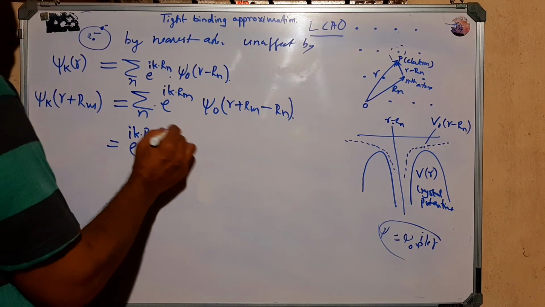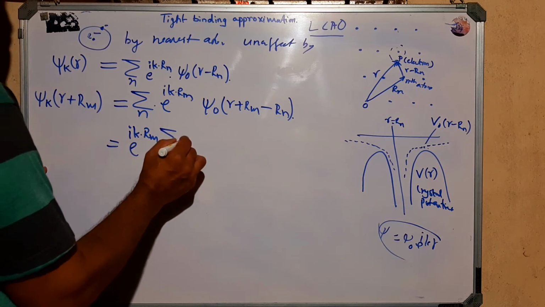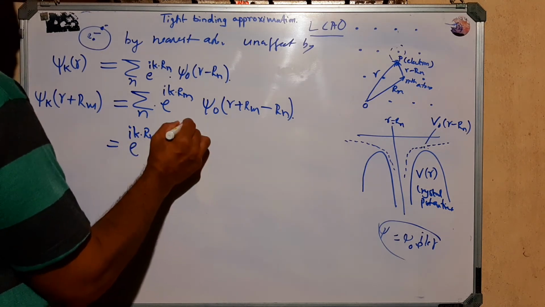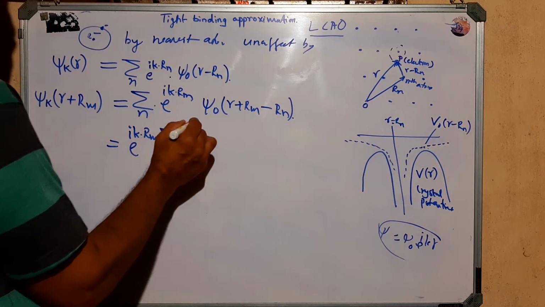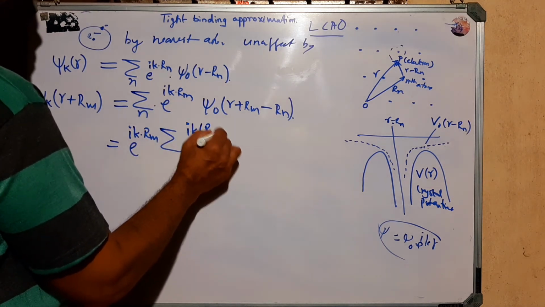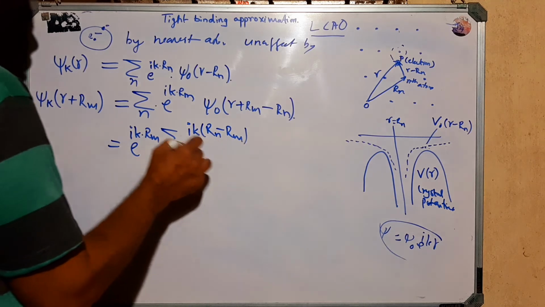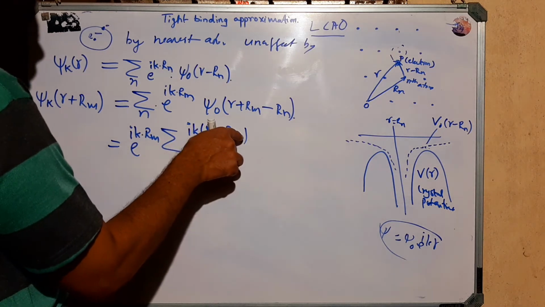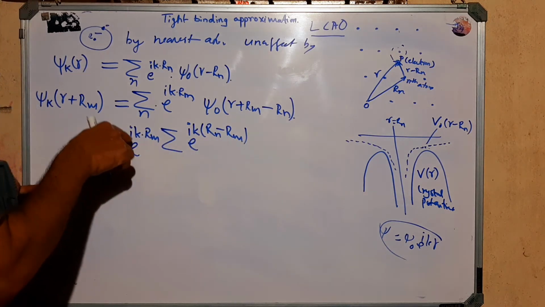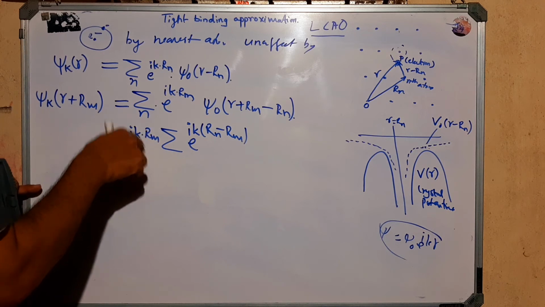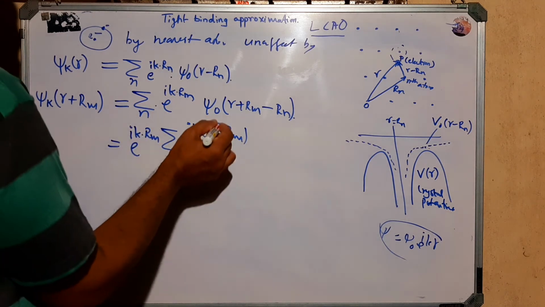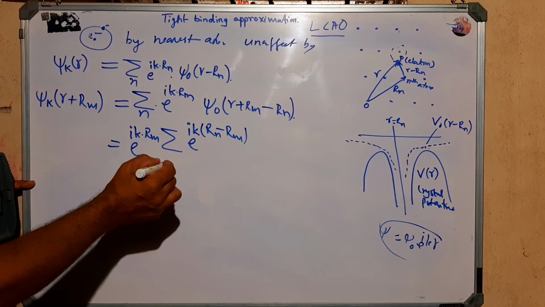To balance this, what I am doing is e to the power i k into rn minus rm, e to the power minus i k into rm into e to the power plus i k into rm. So e to the power 0, so the equation gets unaltered, right?